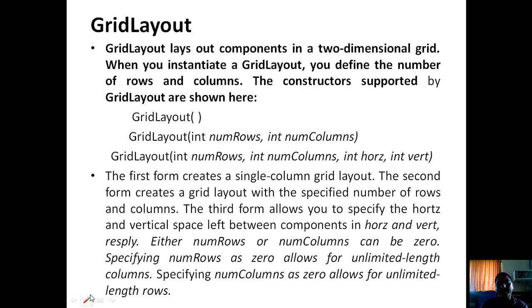The first form creates a single column grid layout. The default constructor is used to create the single column grid layout structure. The second form creates a grid layout with the specified number of rows and specified number of columns. In the second form, two parameters are passed, numRows and numCols, which specify the number of rows and number of columns in the window.